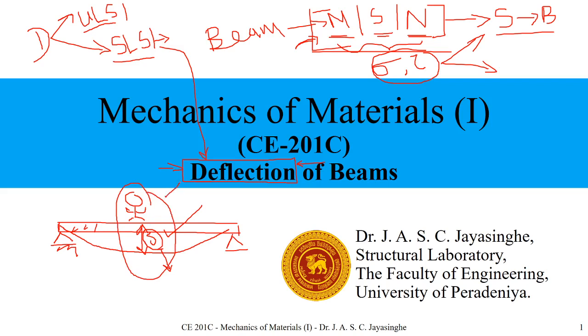This is related to your service condition, how this system behaves under service conditions. If we have a high deflection, you may not like to stay in that kind of system. So two things we need to consider. One we call ultimate.